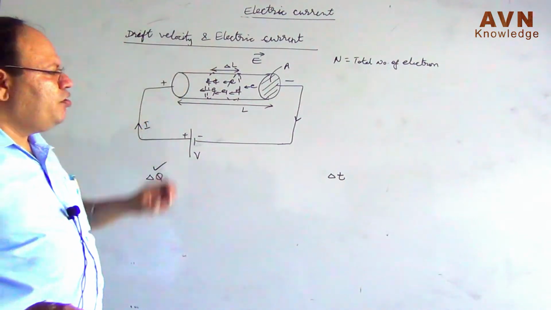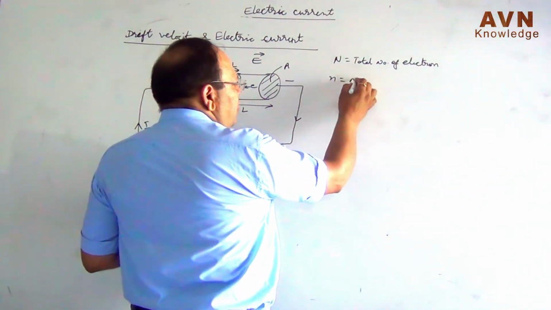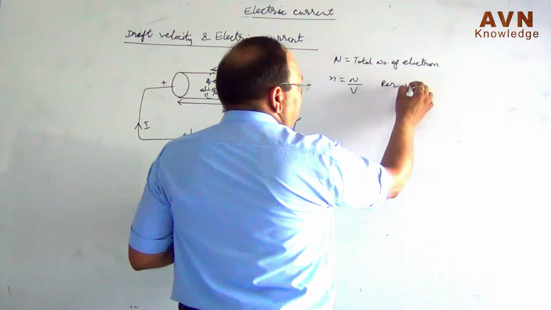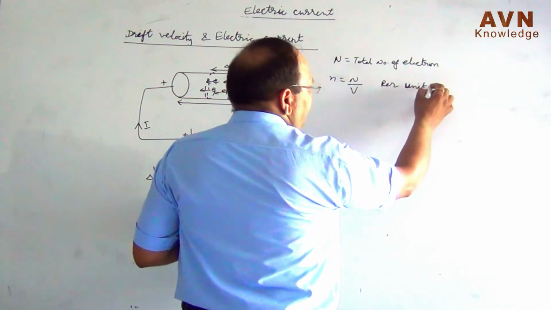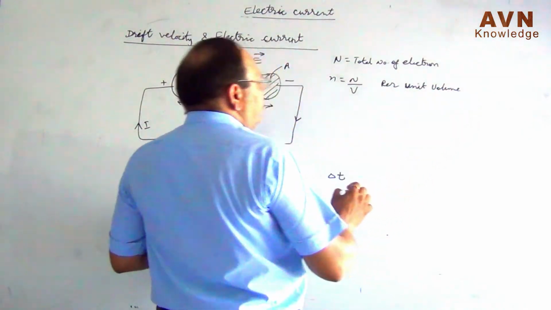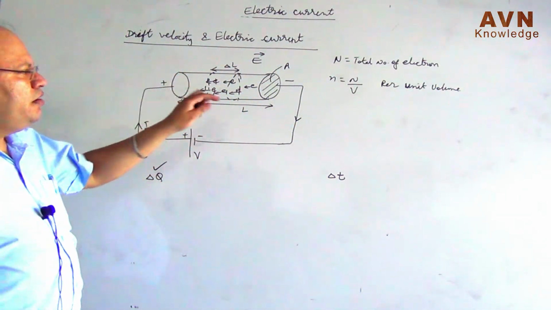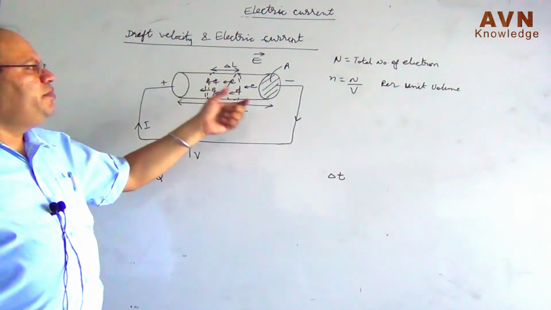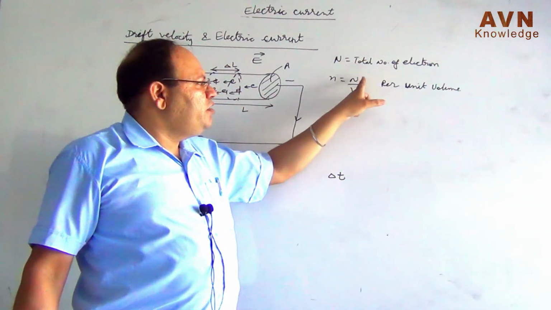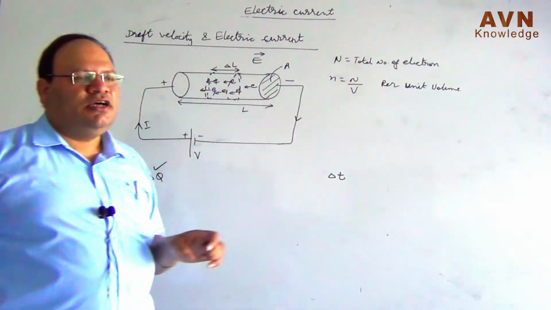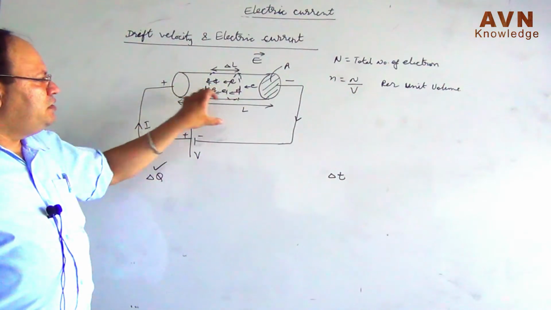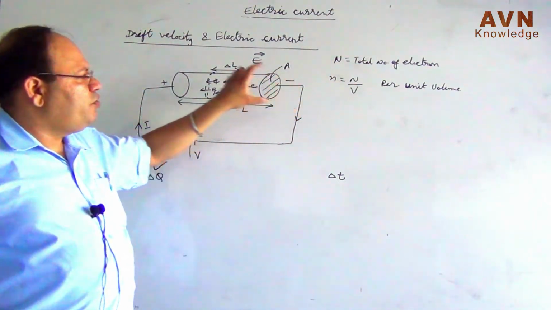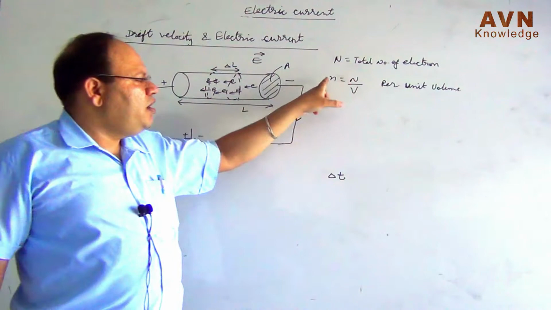Small n is the number of electrons per unit volume, that is capital N upon V. So we use capital N for the total number of electrons, and small n for the number of electrons per unit volume, the total number of electrons divided by the volume of the conductor.